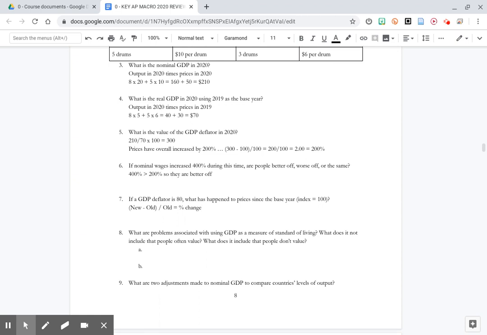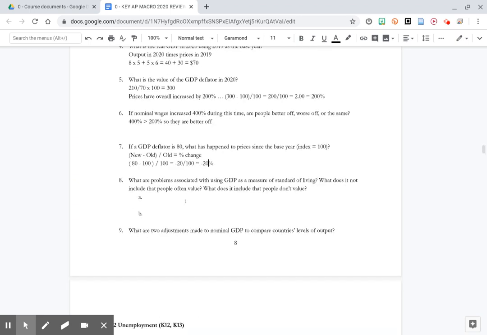The new value is 80 minus 100, and we're going to divide all of that by 100. So we end up with negative 20 divided by 100. And that tells us that prices decreased by 20%. So that negative 0.2 is negative 20%. So prices have fallen by 20%.